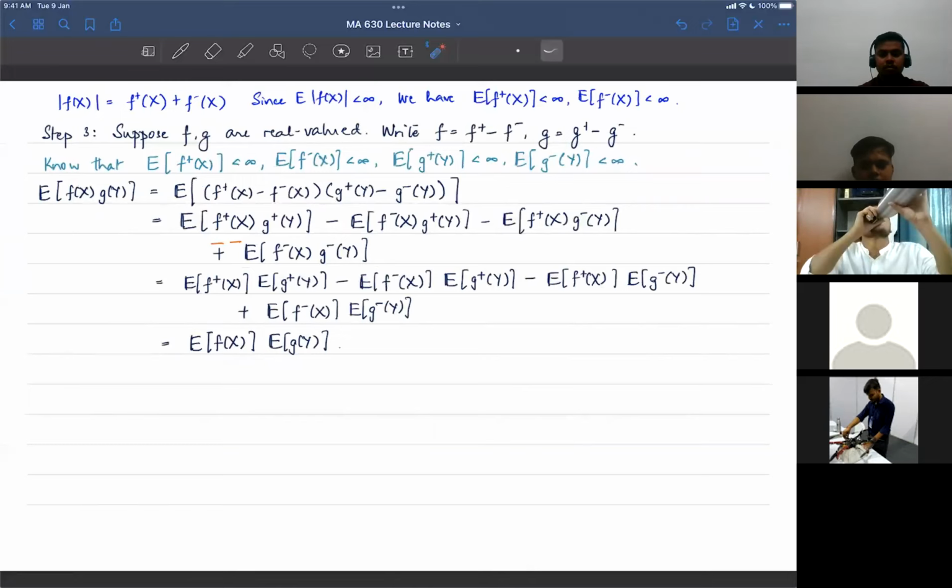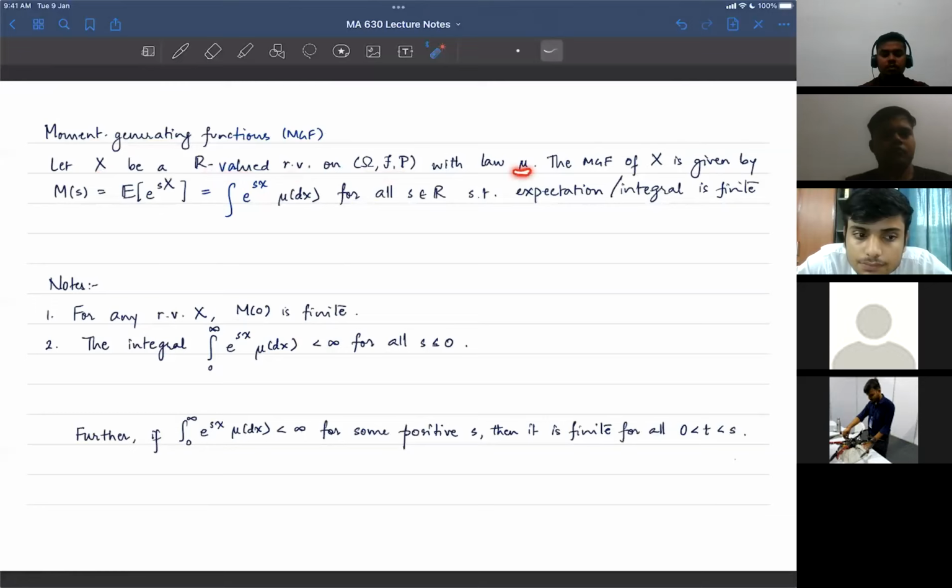All right, so let's move on to moment generating functions. You've already been introduced to this through the problems, maybe on the test, the tutorial. Let's just remind ourselves what a moment generating function is. Suppose I have capital X, which is a real valued random variable on (Omega, F, P) with law mu.